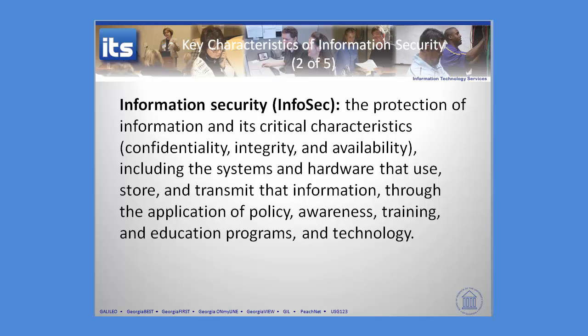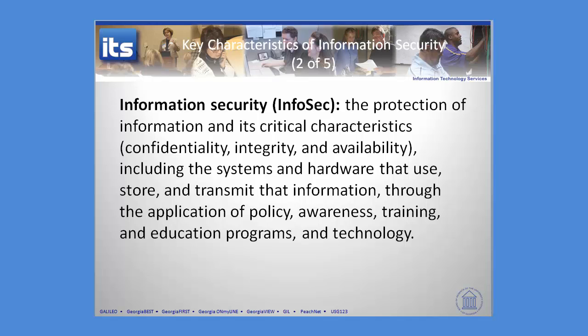It includes systems and hardware that use, store, and transport that information. I'm stomping my foot again. Use, store, and transmit. That use could be processed. So while the information's being processed, while the information's being stored, and while the information's being transmitted, we've got to protect it. All right?